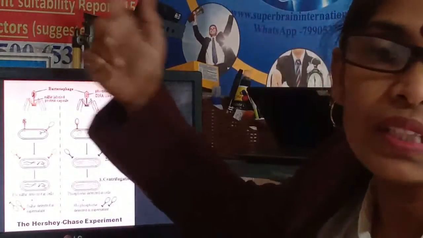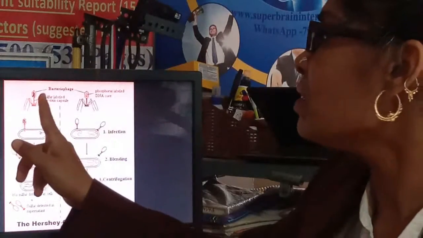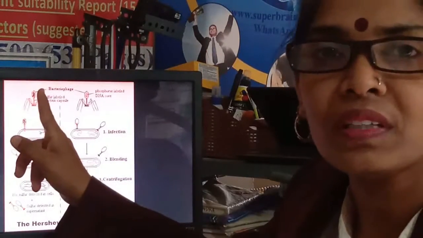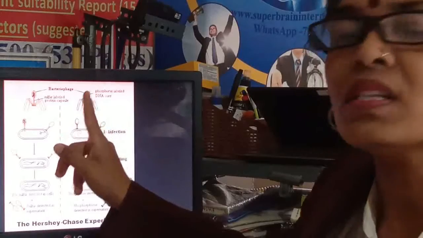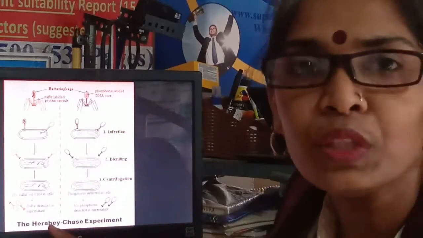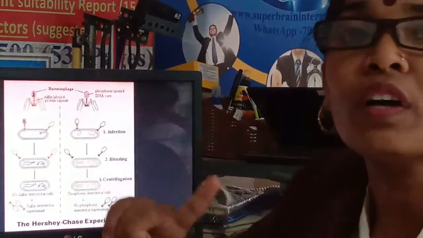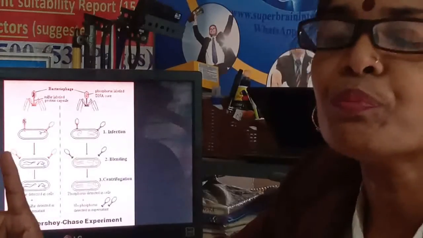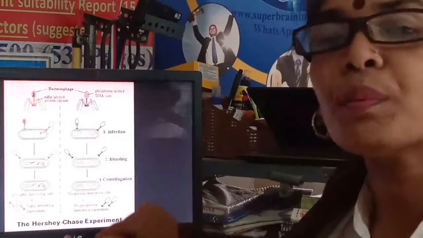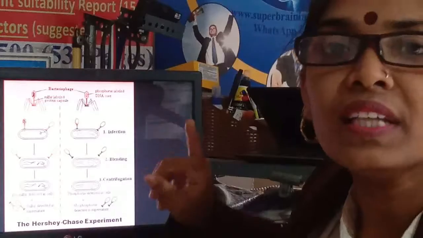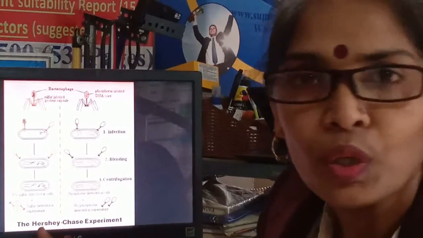So it will not come in the supernatant. If sulfur is found in the supernatant and not the phosphorus, it means phosphorus entered the bacterial cell and not the sulfur. So this proves that the transforming material is DNA and not protein.